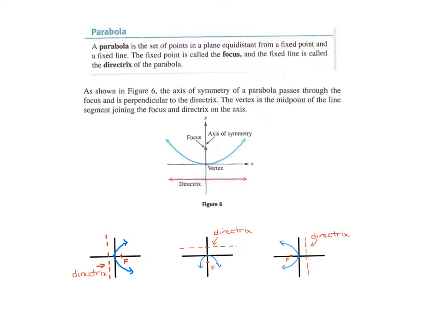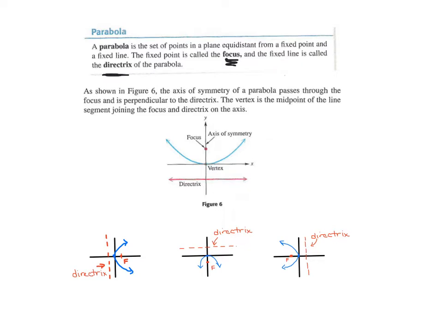So what's new to us is going to be the fixed point, which is going to be called the focus, and the fixed line, and that's going to be called the directrix. Both the directrix and the focus are going to be equidistant from the vertex.